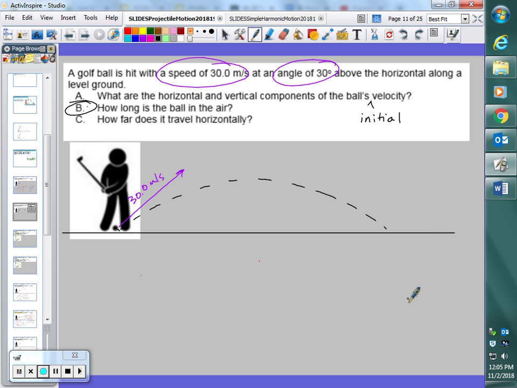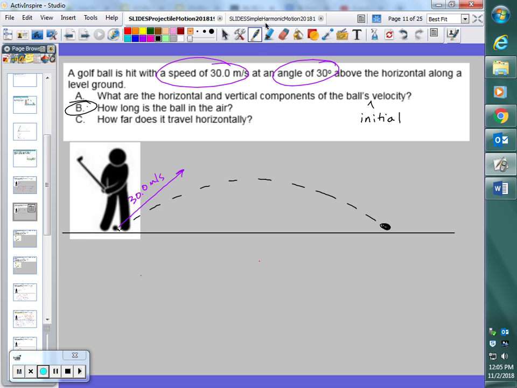Now, we have this object moving through the air. It's moving in two directions at the same time. It's moving horizontally and it's moving vertically. This is a projectile motion problem just like the ones that we've done before. Okay? So, we want to know about this spot right here just before the ball hits the ground. Not after it hits the ground, just before. Okay?